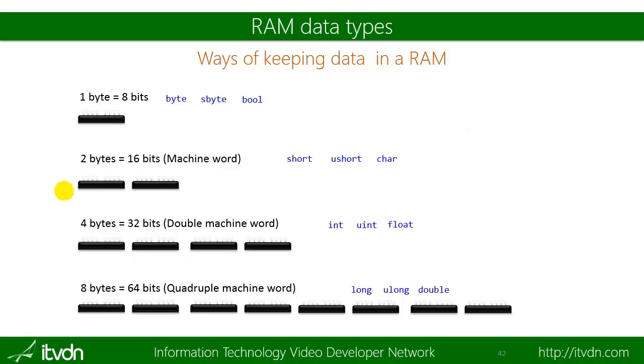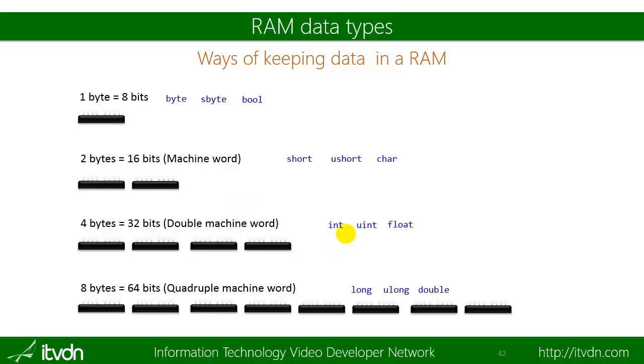Okay, we also have 4 bytes, which is equal to 32 bits. This is also referred to as double machine word. If in 2 bytes we can keep a maximum of 16 bits, then in 4 bytes we can keep a maximum of 32 bits. Logical. Okay, here we have integer.